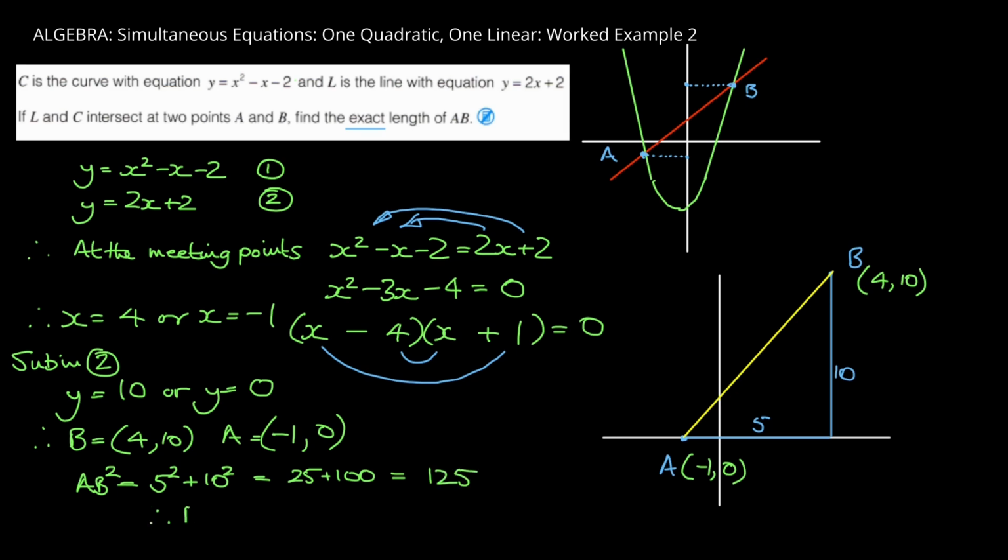Therefore, AB is equal to the square root of 125, which if we look that up on a calculator, we get 11.180. Now this would be the wrong answer because they've asked for an exact length, not an inaccurate answer of a truncated decimal. So we've got to work on the square root.